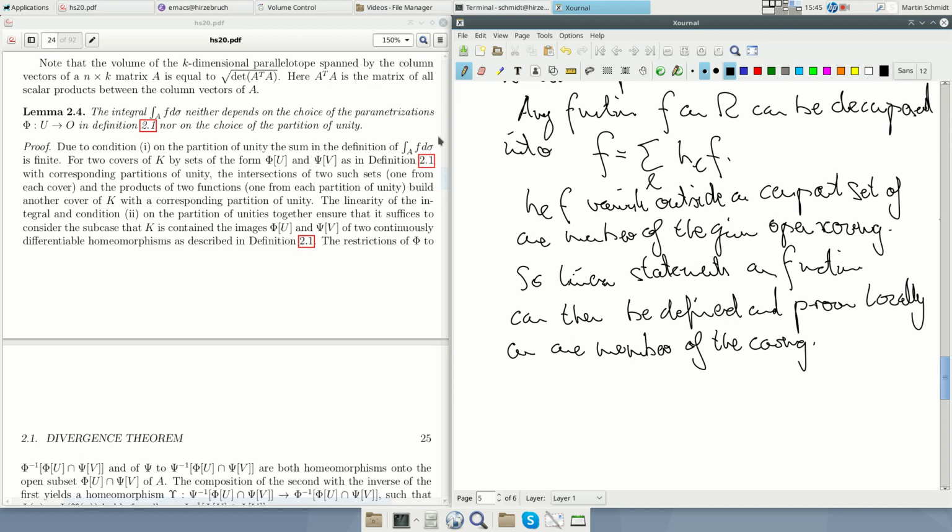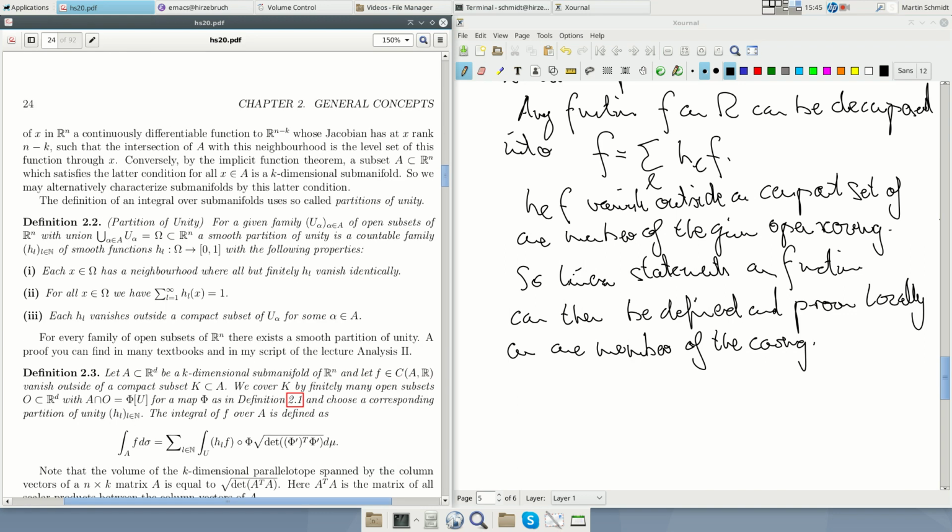Now, for every family of open subsets there exists a partition of unity. A proof you can find in many textbooks, for example in my script on the lecture Analysis 2. There a complete general proof is given.